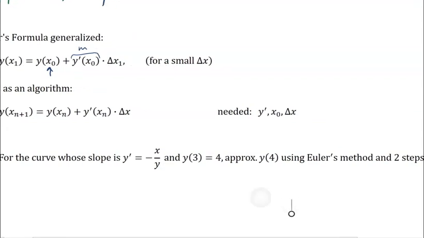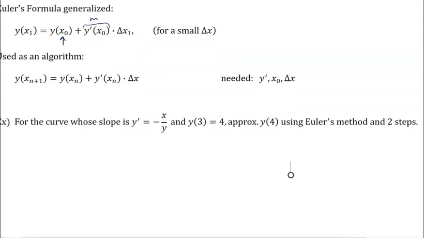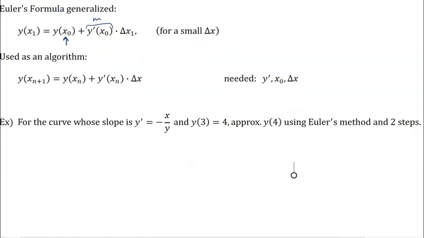When we do this, we are going to need to find a few things. We need to know our derivative, okay? Implicitly or explicitly defined, doesn't matter, but we need to know what the derivative is. We need to know our initial condition. This is usually going to be written as an ordered pair. Actually, no, you are always going to be given the whole point.